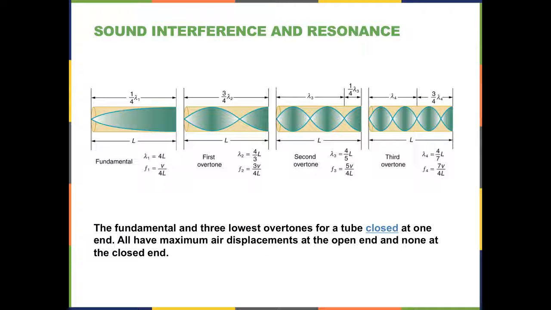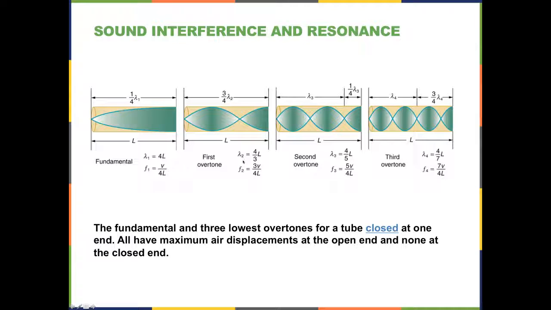This shows in a closed tube the fundamental and the first 3 overtones. At each point the length is equal to the antinode, so you have 1/4, 3/4, 1 plus 1/4 or 5/4, 1 plus 3/4 or 7/4, and that's shown right here.